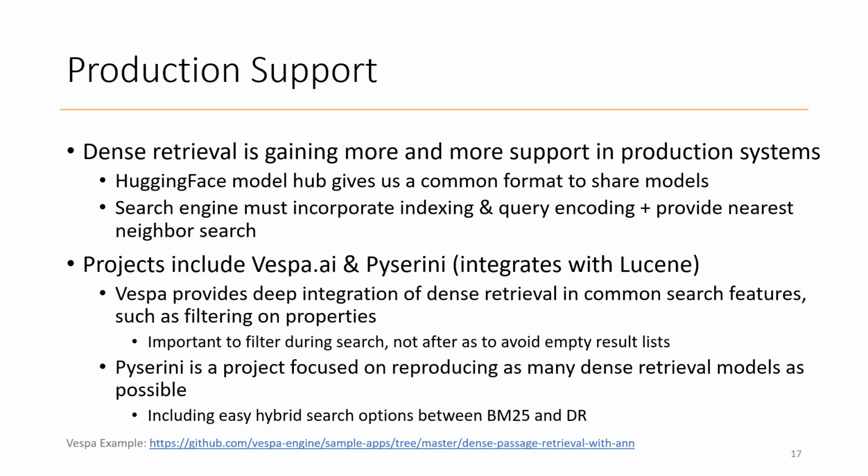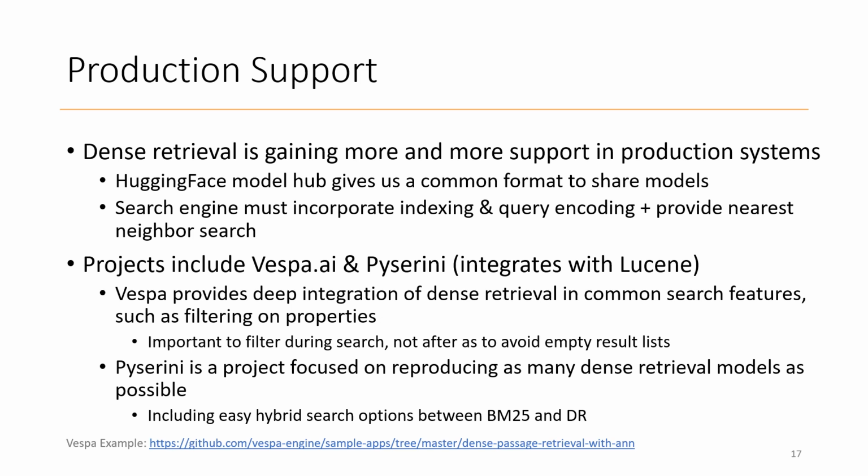Another important point for serving such a dense retrieval model is production support. Luckily, dense retrieval is gaining more and more support in various production systems. Here, again, the Hugging Face library and its model hub is essential for us to have a common format to share those models.